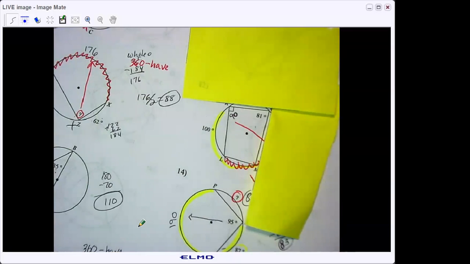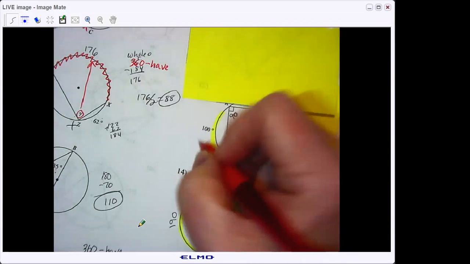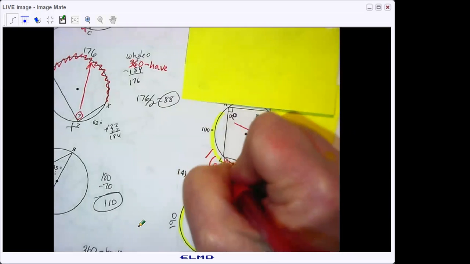Okay, Nathan's got it. Okay, Gianna, Ram, thank you. That's correct. So it's the same process, guys. We're multiplying by 2 to get the arc. So this whole thing is 162.